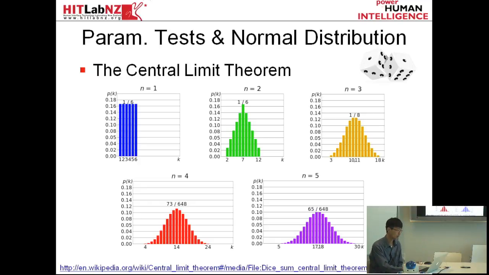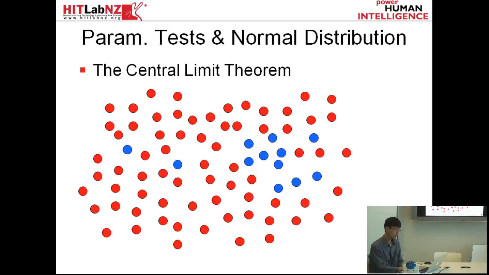So parametric tests are designed based on this theorem. That's why it's talking about the mean value and assuming that it's normally distributed, and the mean values become normally distributed when you sample enough number of samples. Then you can compare the mean values of two groups, assuming that the mean values will be normally distributed.